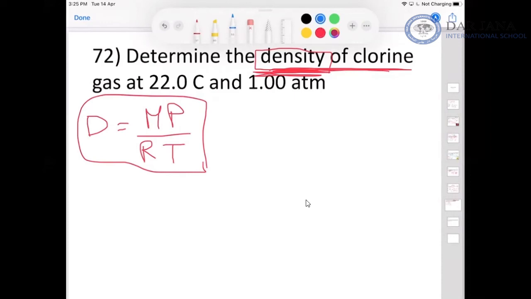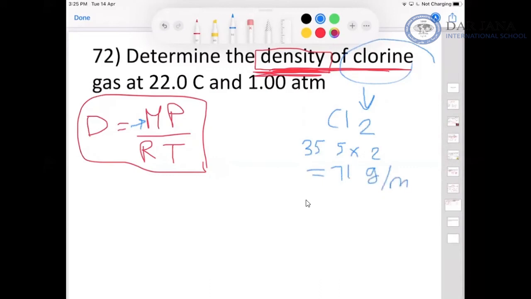Now what I have here is chlorine gas. Chlorine gas is Cl2, and I want its molar mass because this M here is the molar mass. So for Cl, you go to the periodic table, Cl is 35.5 times 2, and you're going to have 71 gram per mole.